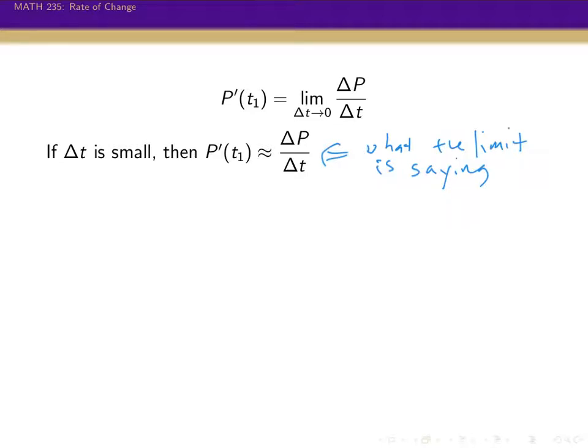This happens an awful lot in the sciences. In fact, a lot of important formulas are what are called differential equations, which means they are equations involving derivatives of functions in some way. And sometimes it's very hard to get the precise values of the derivatives. So what do we do instead? We estimate it using the average rate of change.